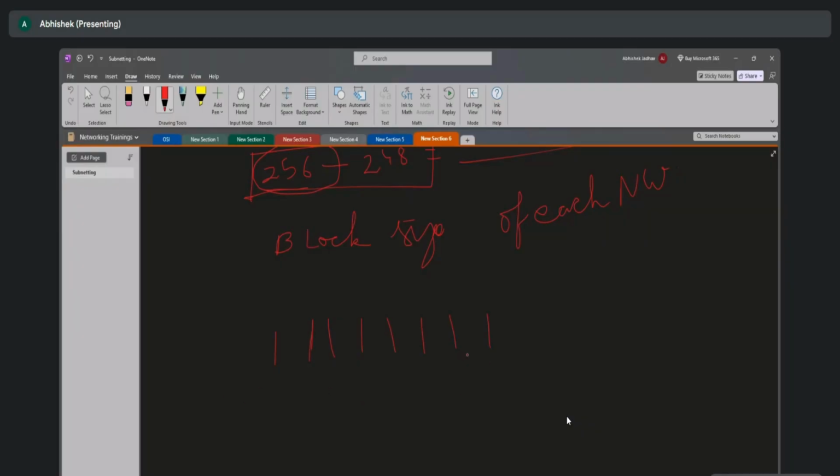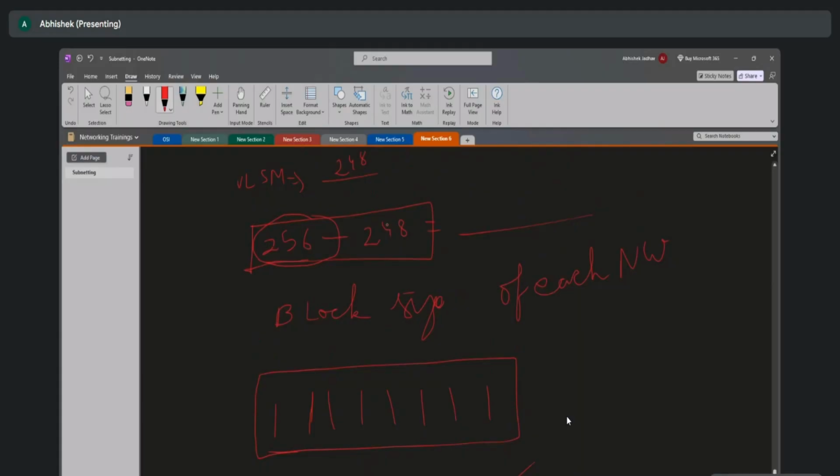The other way is to calculate the block size: how many bits are there in the block, 2 to the power of 8, 256. So that is how you remove the VLSM value from the block size in order to get the number of hosts within that.